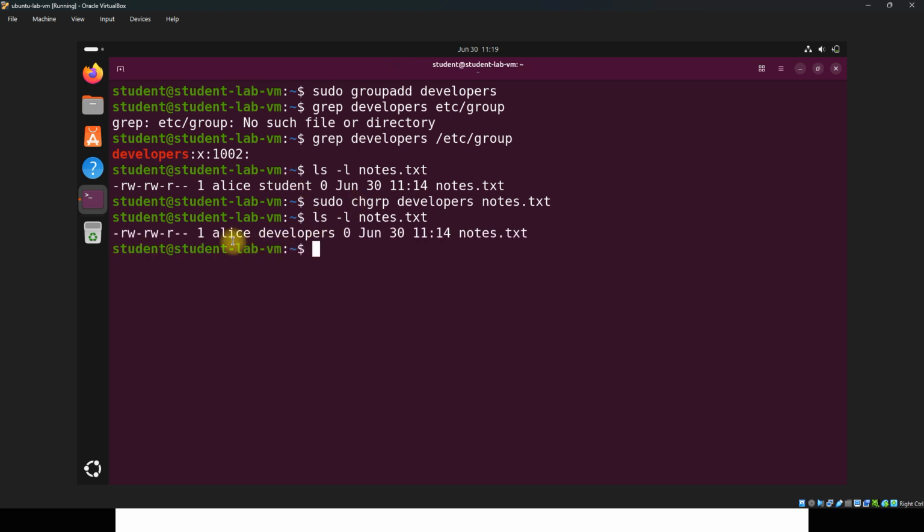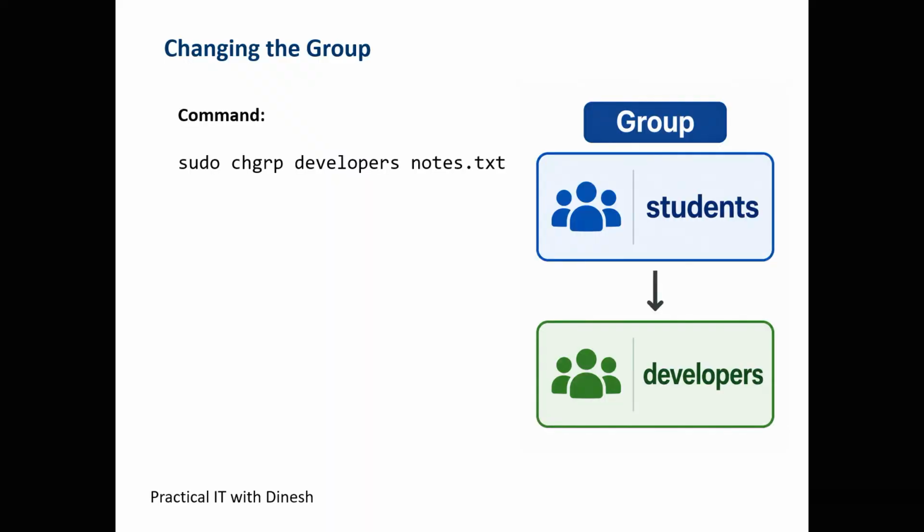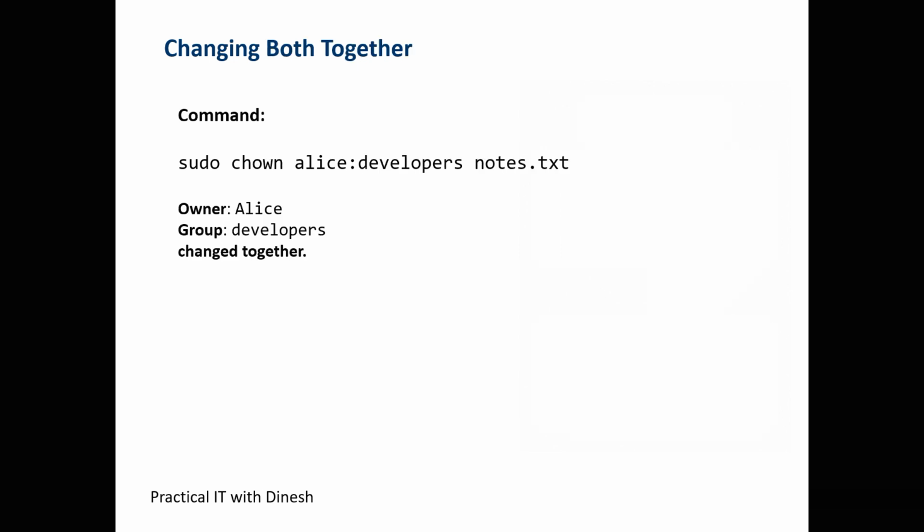So we can see now that the group has changed from student to developers. Instead of running two separate commands, Linux allows us to change both the owner and the group in a single command.